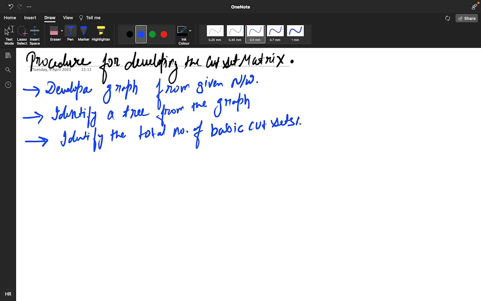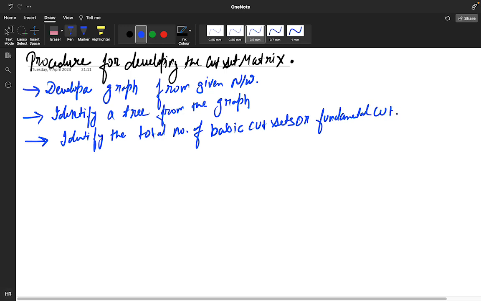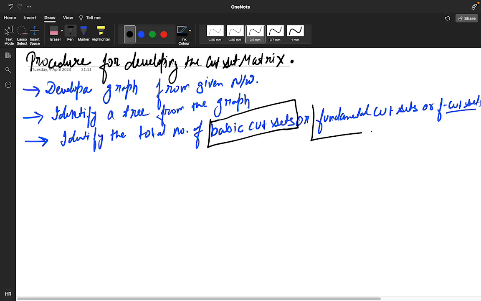We can say basic cut sets, fundamental cut sets, or F cut sets, any name. So how will we find the fundamental cut sets?